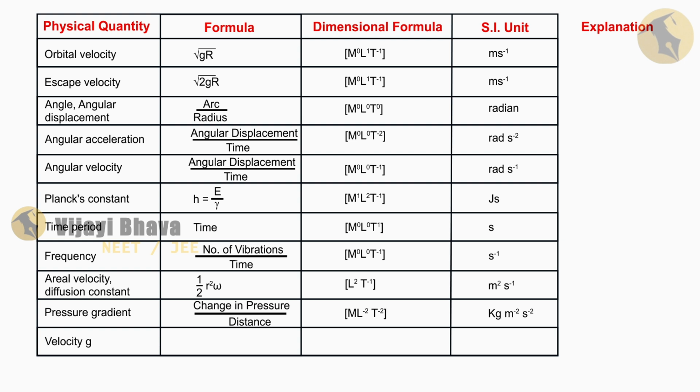The next one, velocity gradient. Velocity gradient is given by the formula change in velocity by distance. Change in velocity is also termed as velocity, given by the dimensional formula L1 T minus 1, by distance L1. L1 and L1 get cancelled. The remaining term is T minus 1. So, the final dimensional formula for velocity gradient becomes M0 L0 T minus 1.